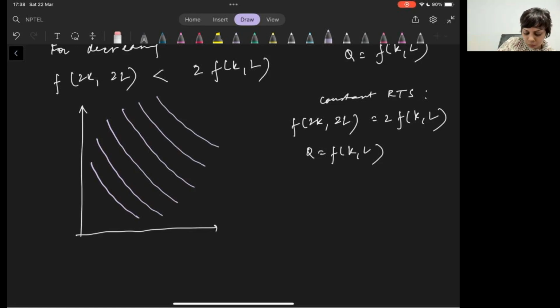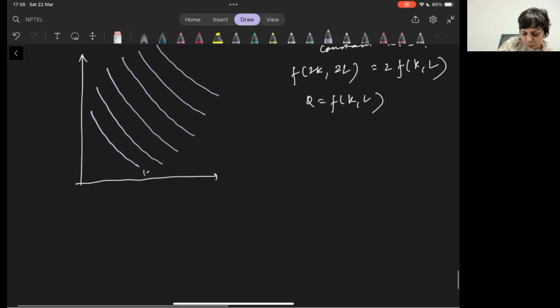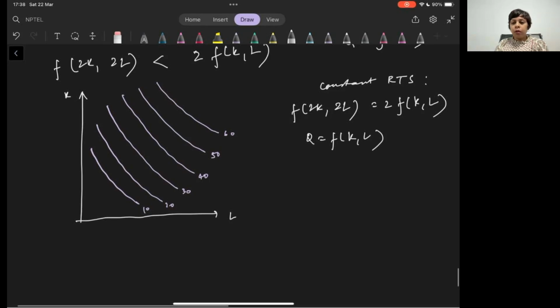And so on. So this might help you understand a little bit.